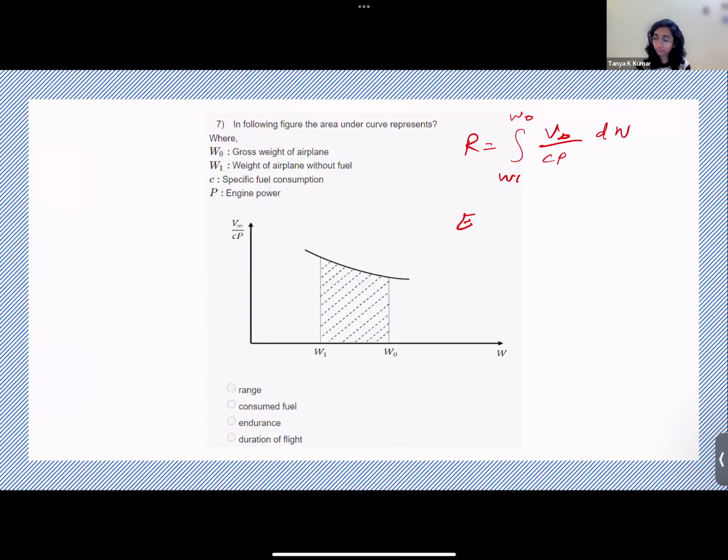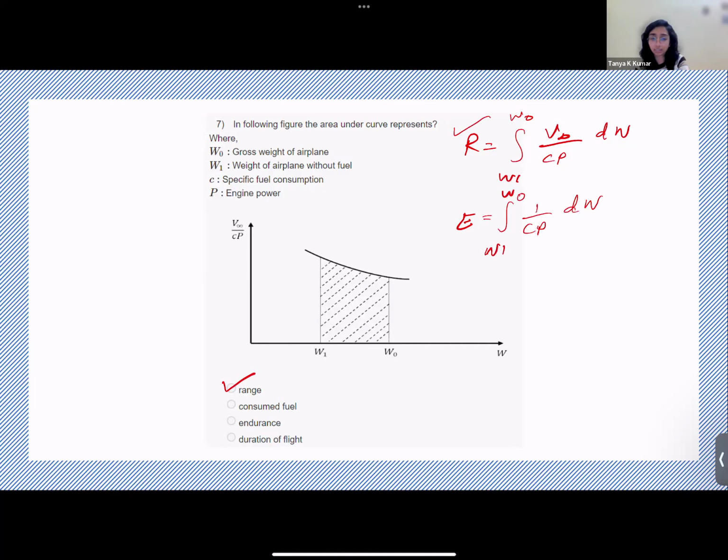What was endurance? W1 to W0. What was inside the integral for endurance? So this one is range, right? So for endurance, what was the formula inside the integral? 1 by Cp, exactly. So it's 1 by Cp dW.